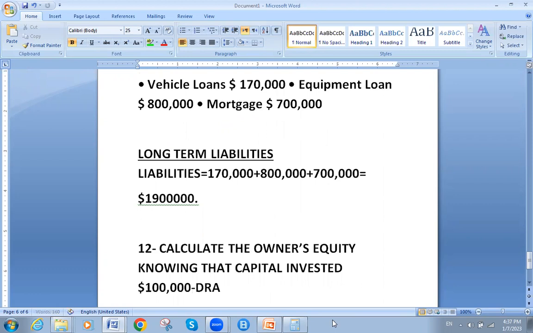Drawings, in dollars, were 20,000. And the income was, let's say in dollars, 30,000.